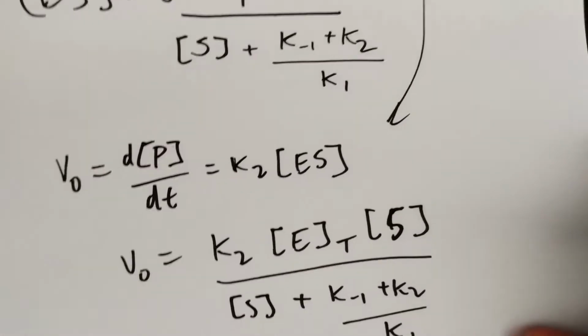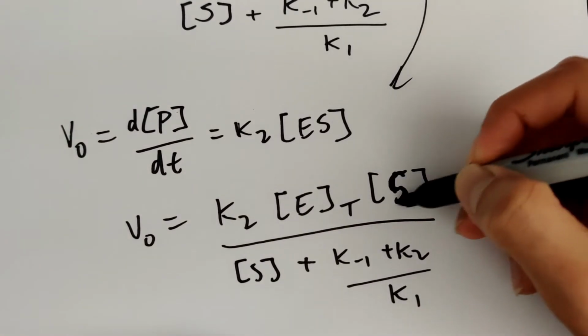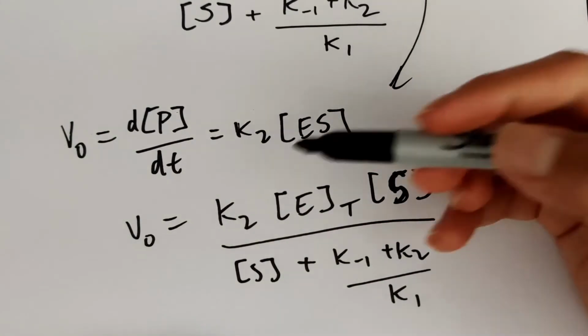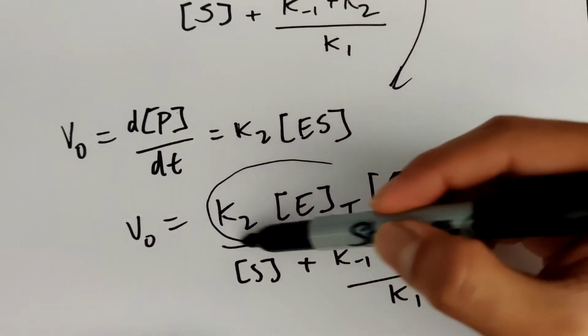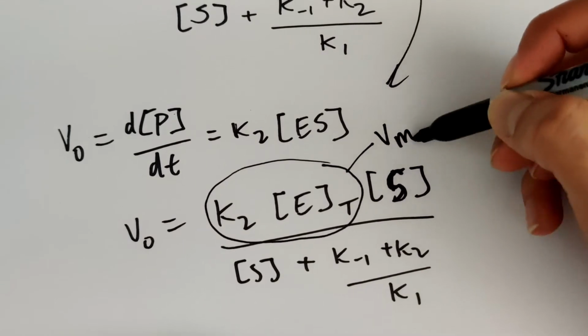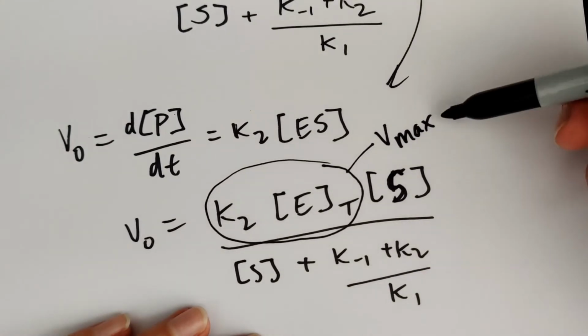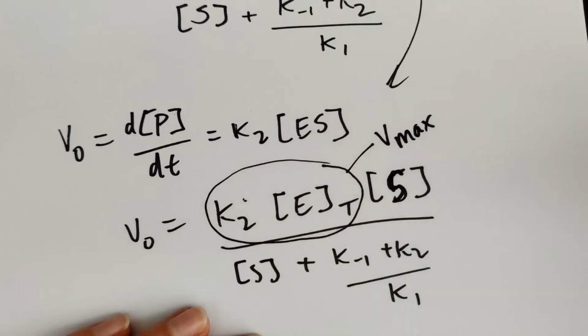Now, looking at this equation, we could take a look at what's going on here. So this is important. Why? Because this is referred to as Vmax. Well, in order to understand Vmax, let's take a look at K2.